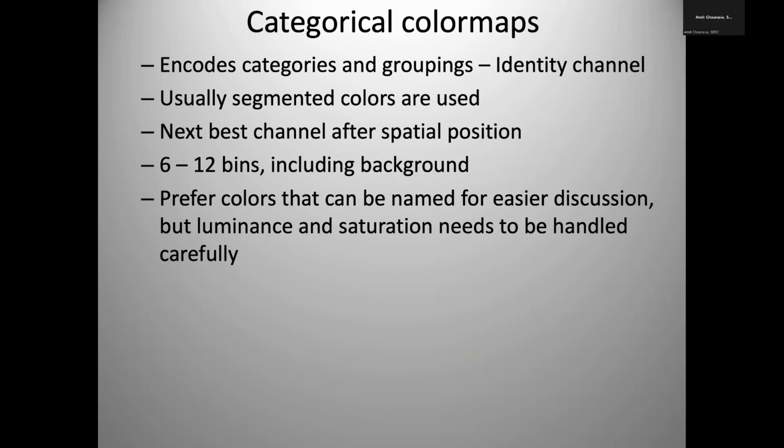One thing to consider when using color maps is that once we have too many categories, we run out of easily distinguishable colors. We get limited to about a dozen colors, which includes the canvas itself, the background, and all that. So the idea is to choose fewer colors wherever possible, and then you may have to bin the data if you start to run out of colors, or switch to another scheme where you can still use more colors but not create confusion.